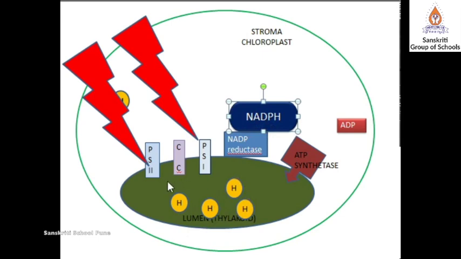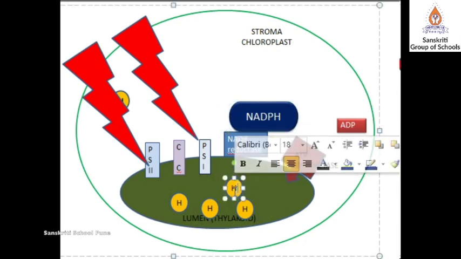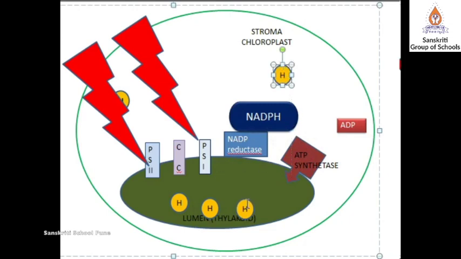Meanwhile, these protons which are accumulated in the lumen make a gradient. That means the proton concentration in the lumen of the thylakoid is higher. These protons start moving towards ATP synthetase, and move out through ATP synthetase into the stroma.